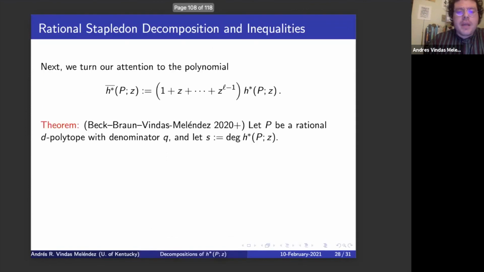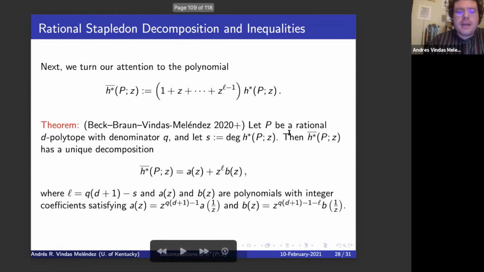Okay, and so one of our results is that the H star bar polynomial has a unique decomposition into what we call a symmetric decomposition or an AB decomposition, A of z plus z to the L B of z, where L is that first dilate where we see an integer point.